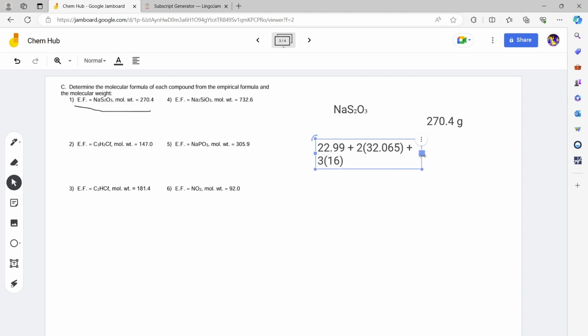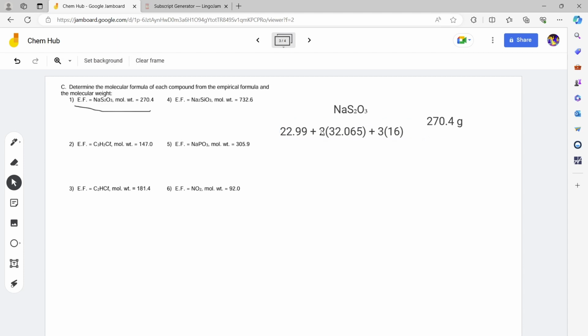If you're confused on where I got these numbers, it's very simply the molar mass of sodium plus 2 times the molar mass of sulfur plus 3 times the molar mass of oxygen. And so that number, which again we can just plug into our calculator, yields 135.12.